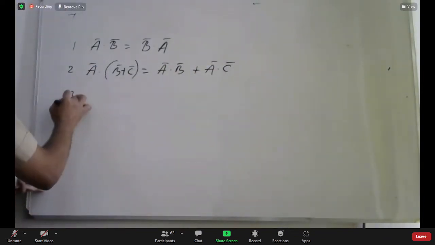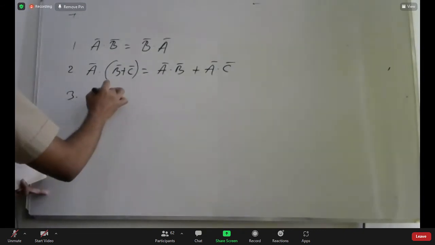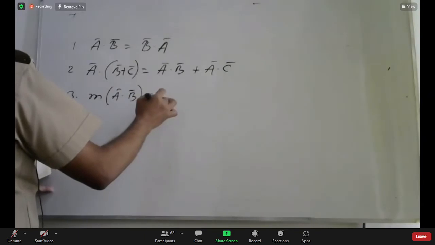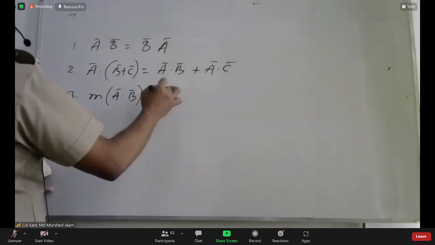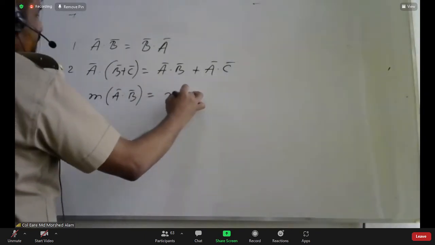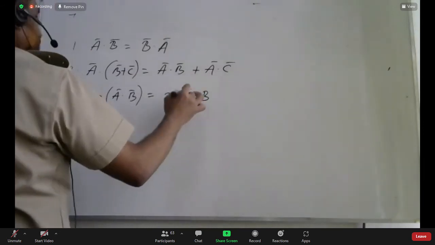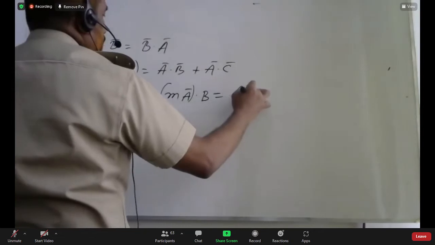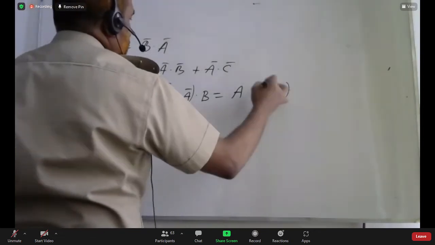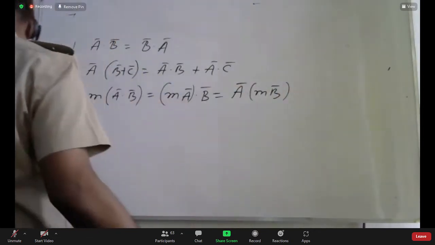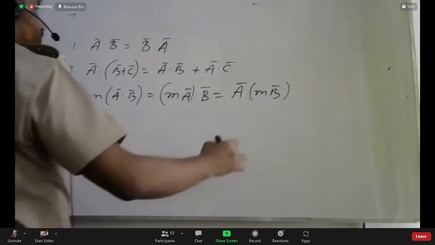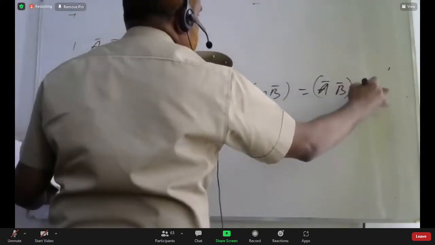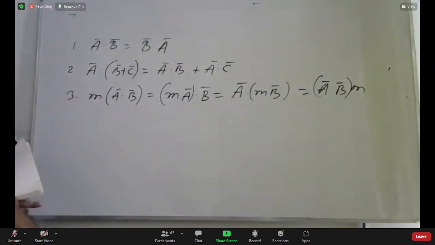Then number 3, m times (A dot B) is equal to (mA) dot B is equal to A dot (mB), right? Is equal to (A dot B) m. So all these things are valid, right?